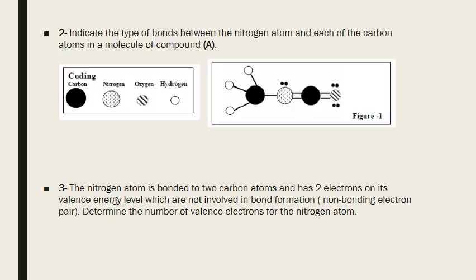Question 2 says indicate the type of bond between the nitrogen atom and each of the carbon atoms in a molecule of compound A. So where's the nitrogen atom? It's here, and these are the 2 carbons. This is the first carbon, so we look at the bond between the nitrogen and this carbon.